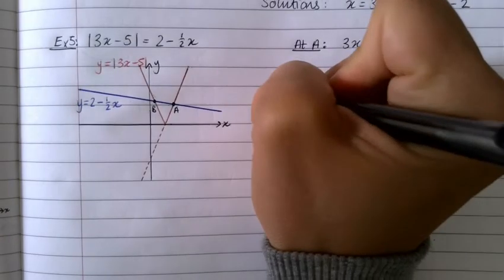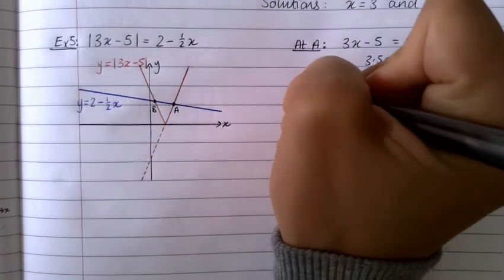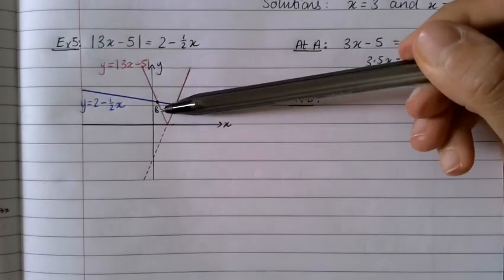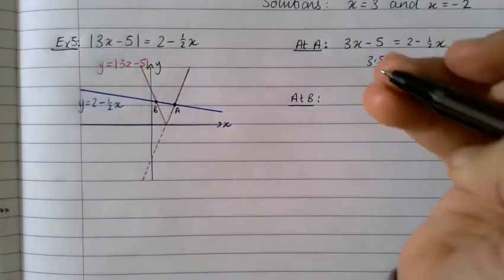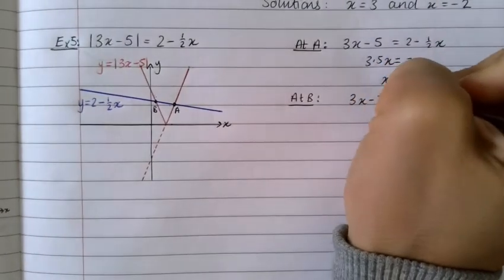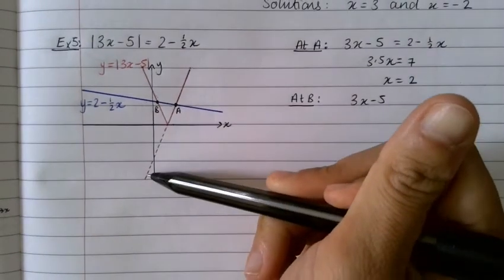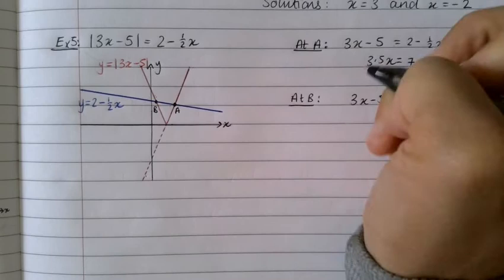Now if we consider what's happening at B. So at B, we have the reflected part of the modulus function. So it's the graph of 3x minus 5 where all of the values are negative, but they have been made positive by being multiplied by -1.